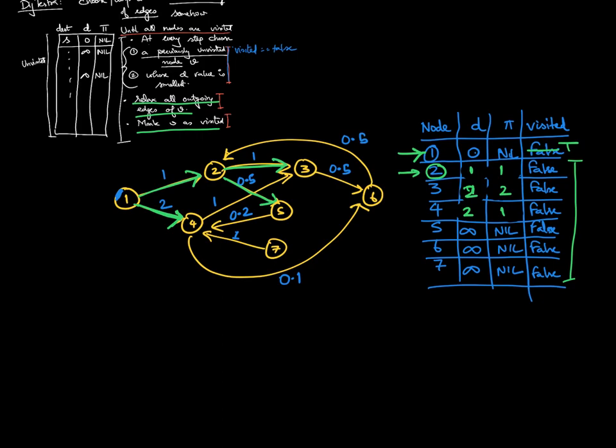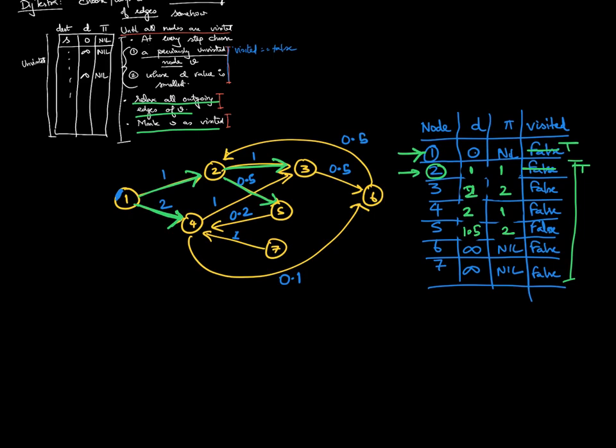The weight of vertex 5 is going to become 1.5, and its parent is going to become 2. All right, good so far. Now that this is done, I'm going to set 2 to true.